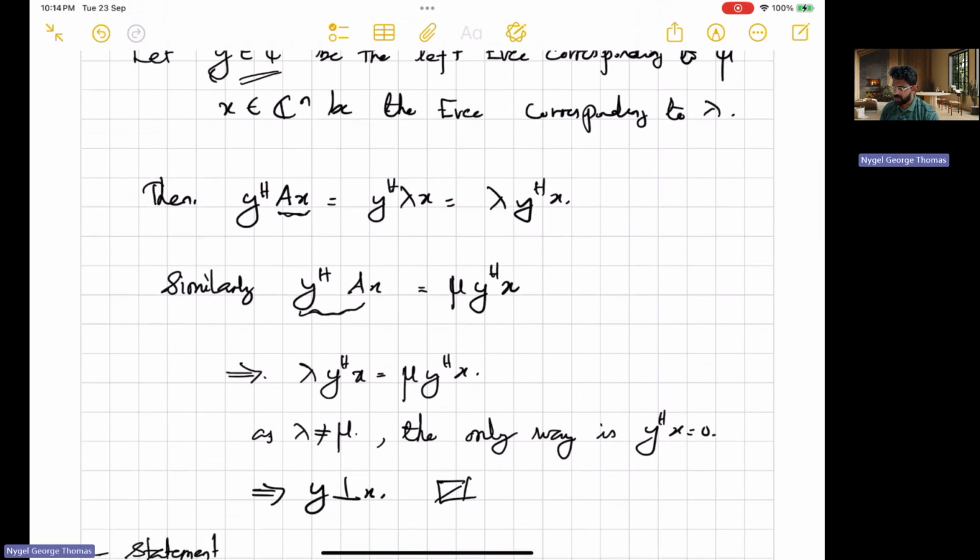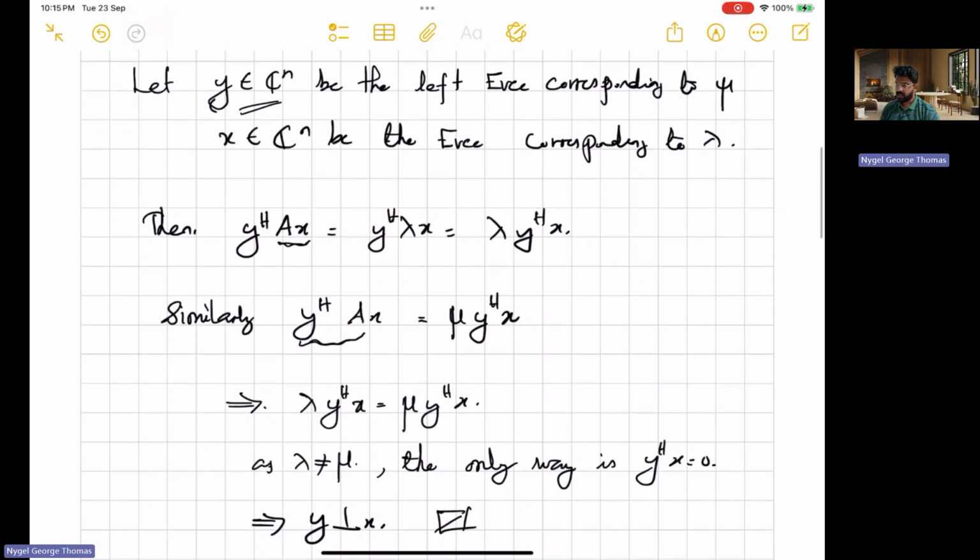Since lambda is not equal to mu, the only way this is possible is that y Hermitian x has to be equal to 0. So y Hermitian x equal to 0 implies y is perpendicular to x. Hence, it's proved.